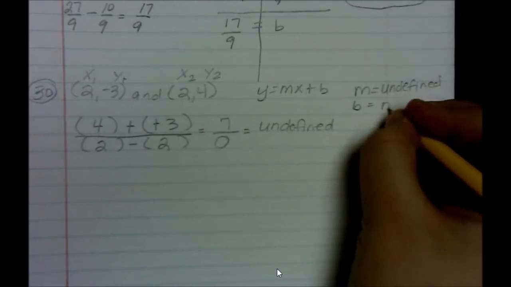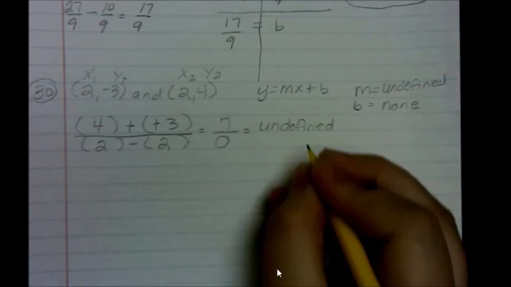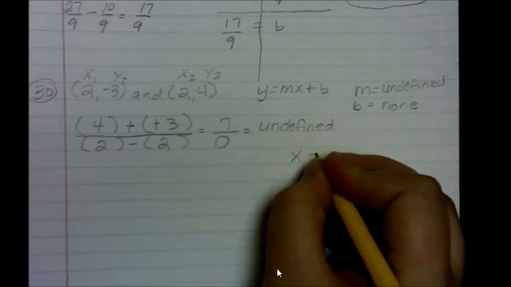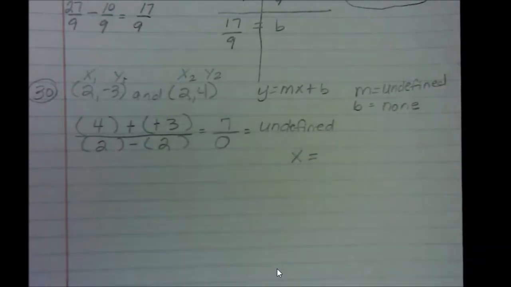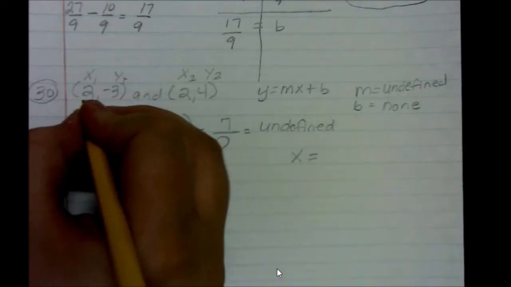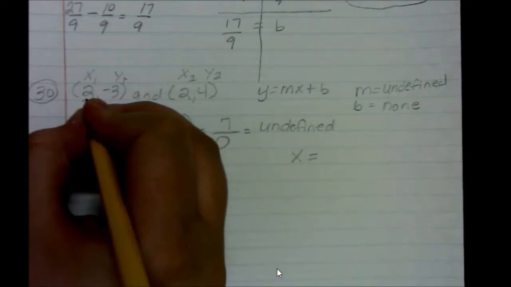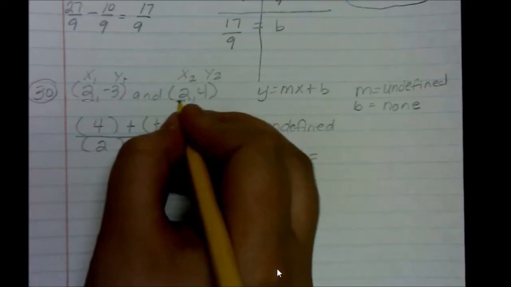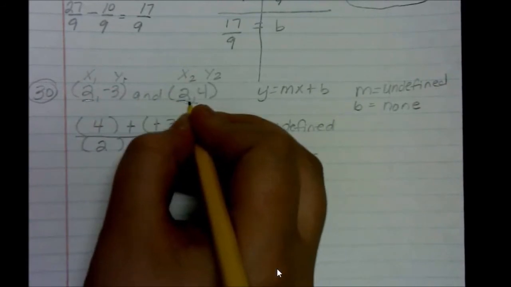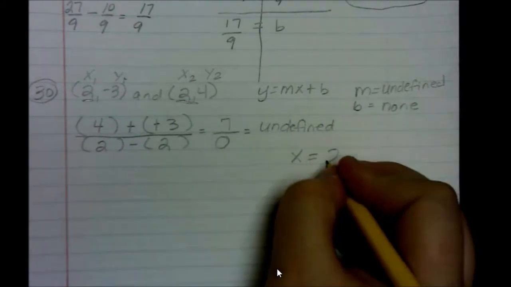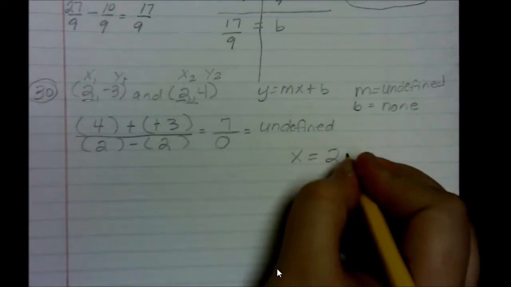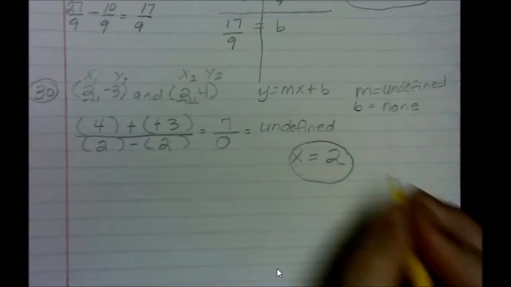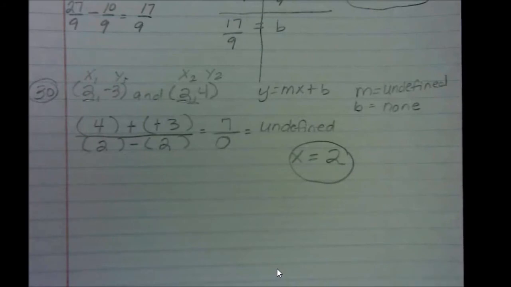And your equation will be in the form x equals some number. So we can look back at our ordered pairs. This was a 2 for our x. This was a 2 for our x. So it's safe to say that x equals 2. Remember, you're going to have x equals a number or y equals a number if you are dealing with undefined slope or a slope that equals 0.